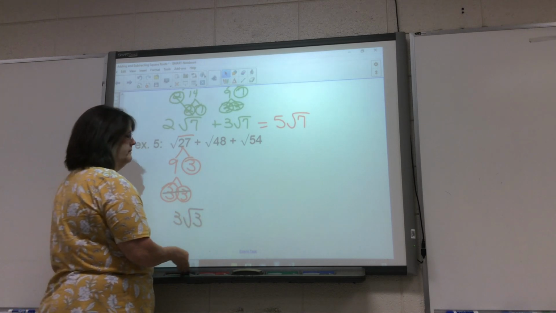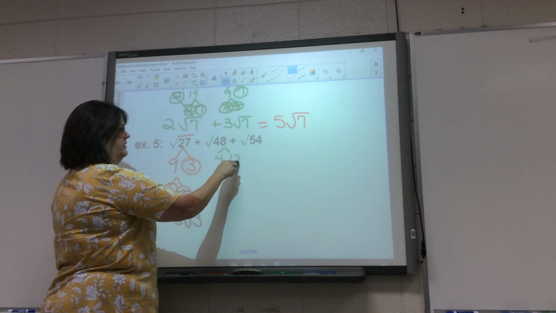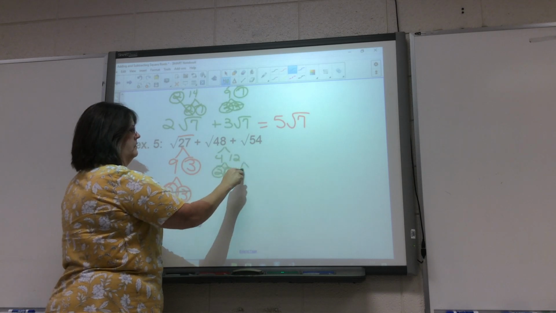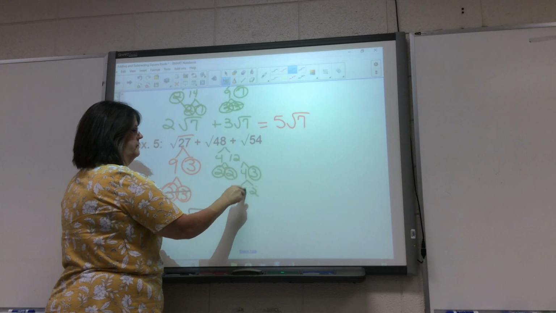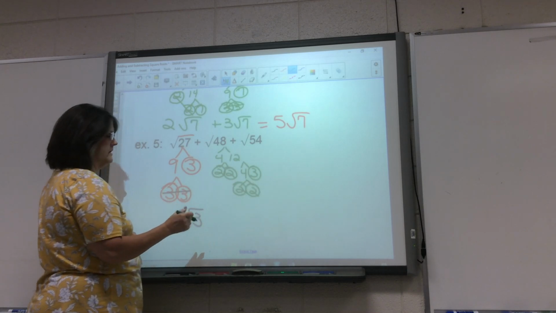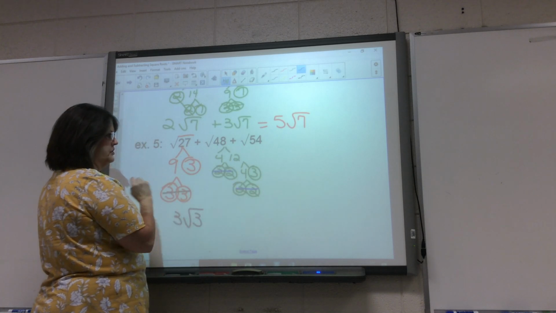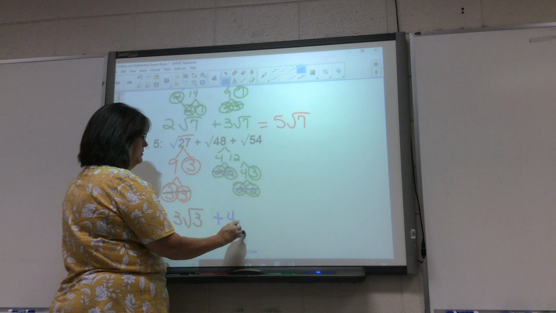I'm going to do the same thing to this one. 4 times 3, 2 times 2. Takes 2 to bring 1 out of jail. I'm bringing out a 2 and a 2, which is 4. So this is 4 square roots of 3.